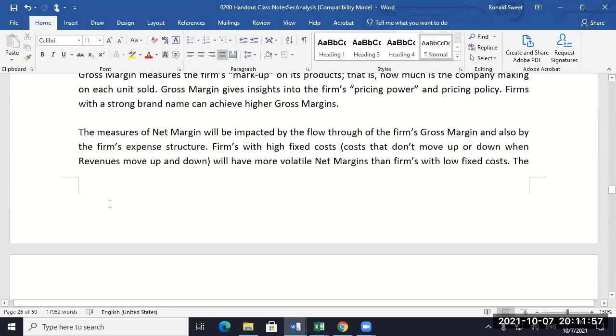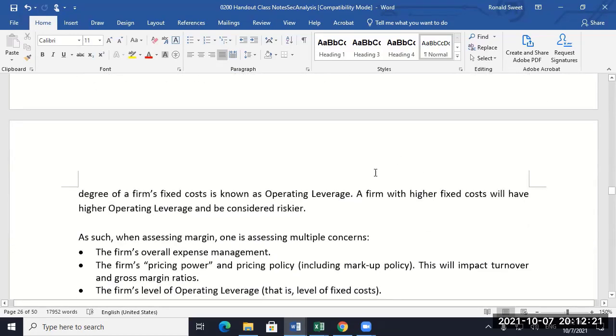Net margin has two things going on here, and this gets a little tricky. Really three things, but net margin, whatever your gross margin did, that's going to flow through to your net margin. But then your net margin also includes your expense management, how thrifty you are, how you control costs. But the biggest thing on the net margin is operating leverage.